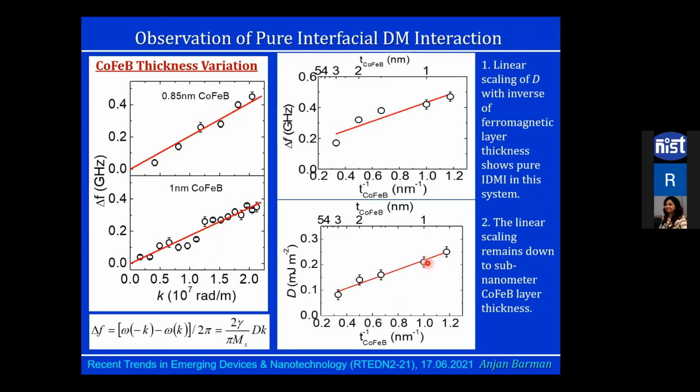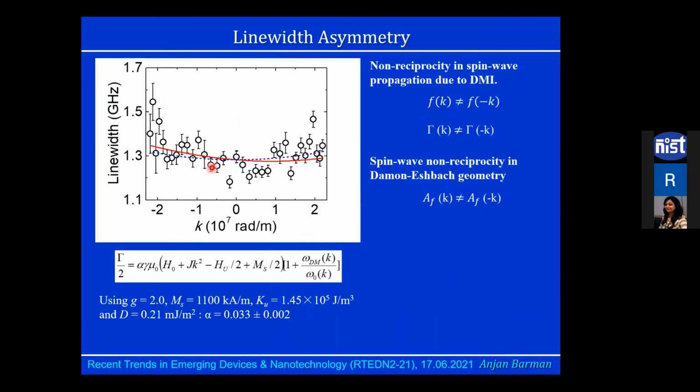And previous experiments showed a deviation from linear behavior even in the 1 nanometer range, but here even down to 0.85 nanometer, that is sub-nanometer thickness, we do have a very linear behavior. The line width also of course is scattering, but it also gives rise to an asymmetry, and from here we can find out the D and the alpha value.